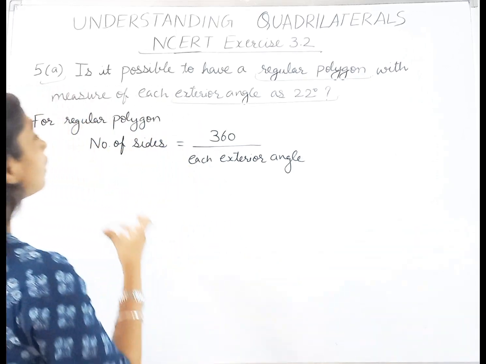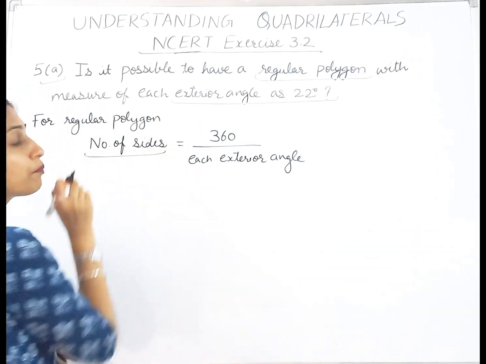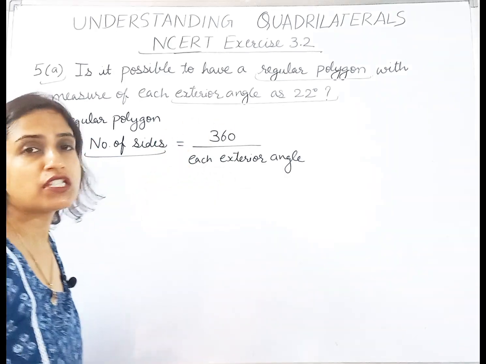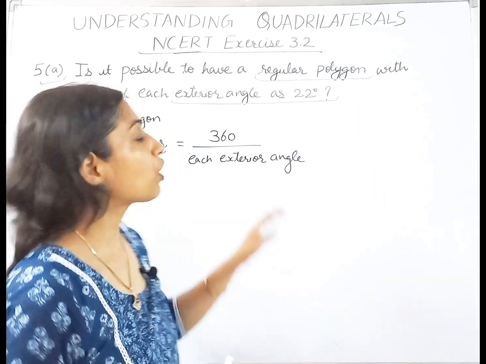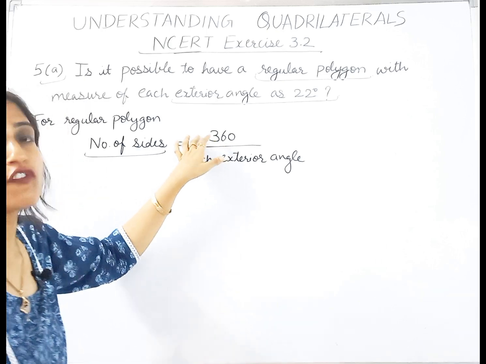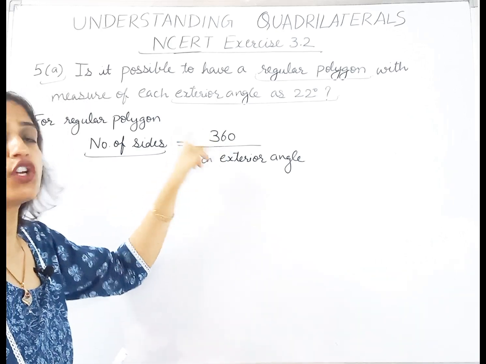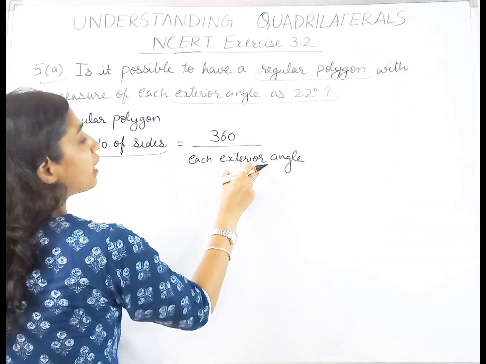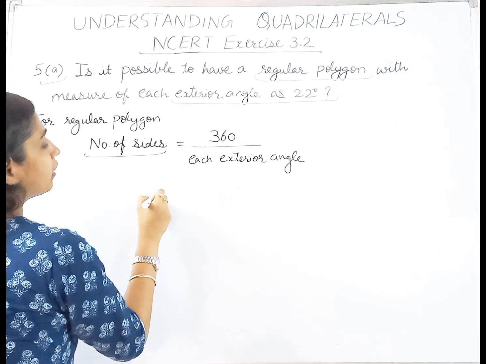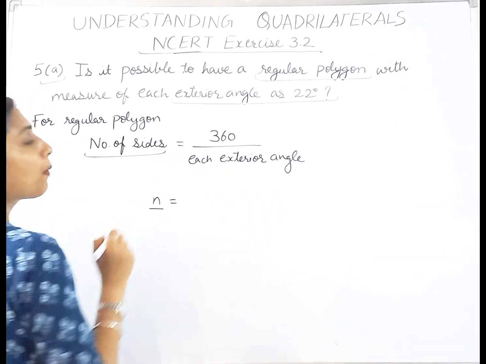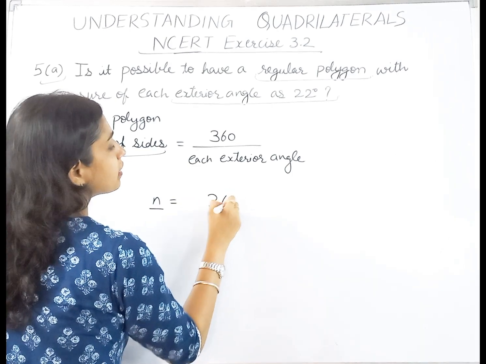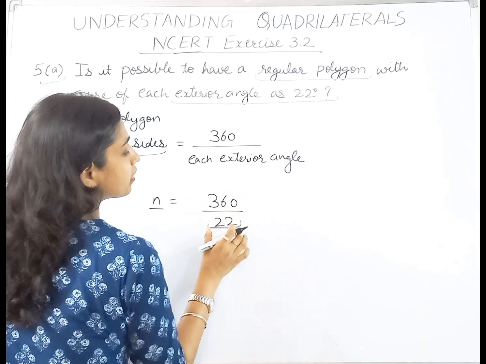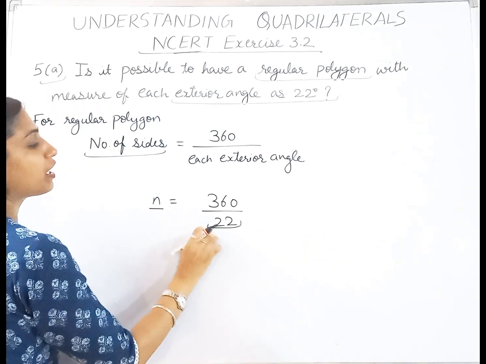We know that the number of sides of a regular polygon is equal to 360 divided by the measure of each exterior angle, because the sum of all exterior angles for a regular polygon is equal to 360 degrees. So if we put the value of the exterior angle in this formula, then the number of sides n becomes equal to 360 divided by 22. Here 22 is the exterior angle which is given to us.